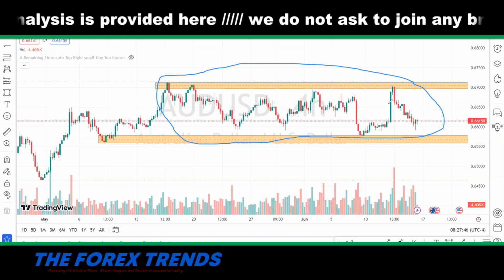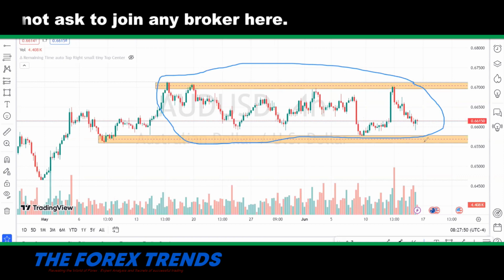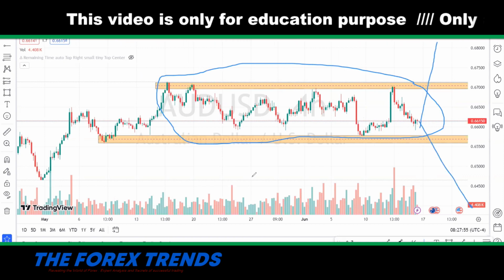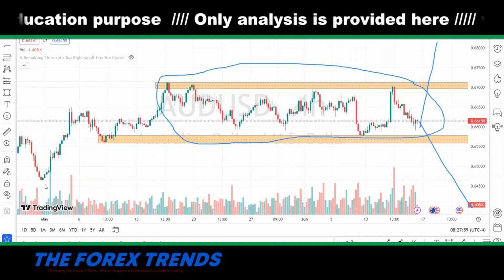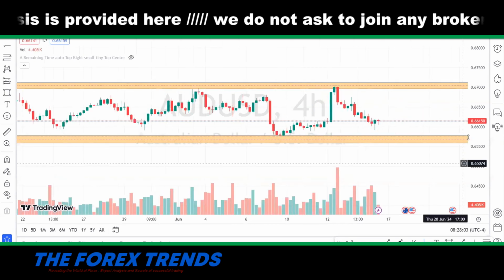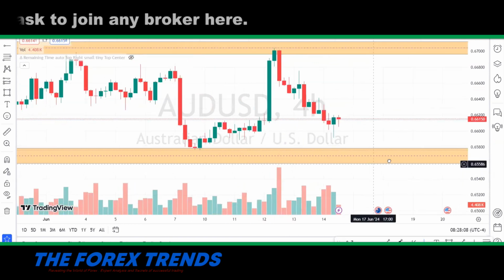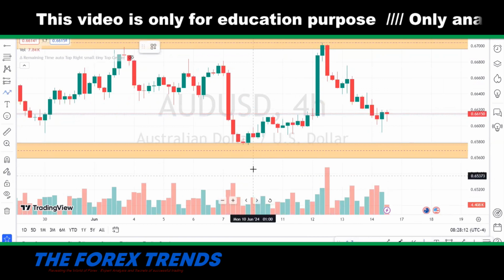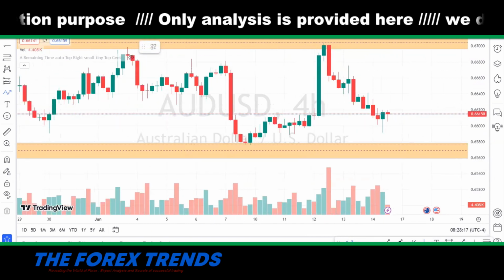After this accumulation or inducement, it may create another impulse. It may be towards the upside, it may be towards the downside. So we'll look at the possibilities. If I try to find the structure in the 4-hour frame, there is no good structure because of the ranging market. Let me move to the 1-hour frame.